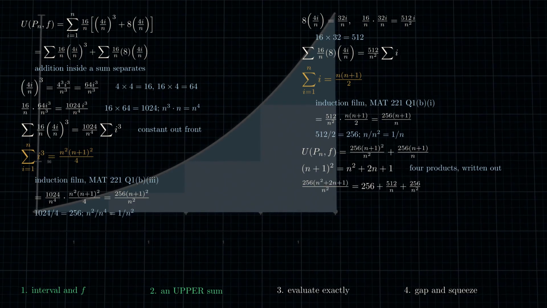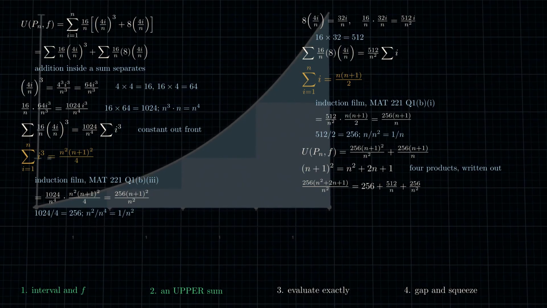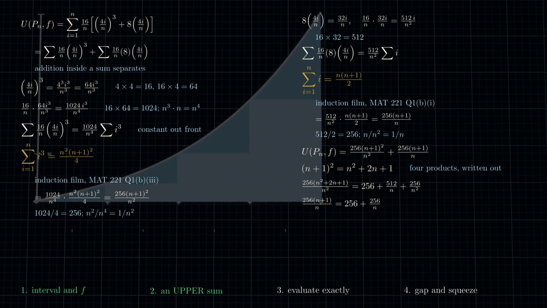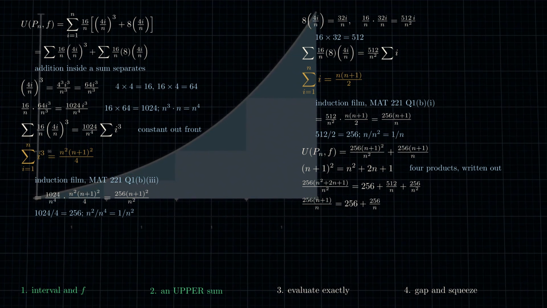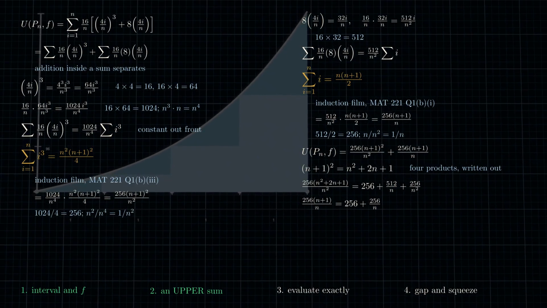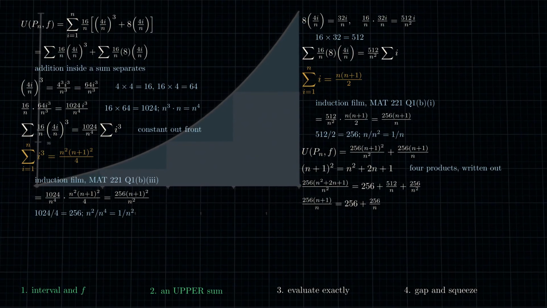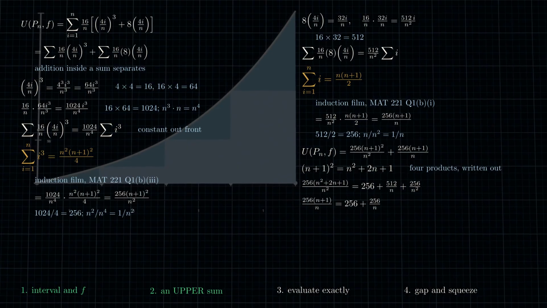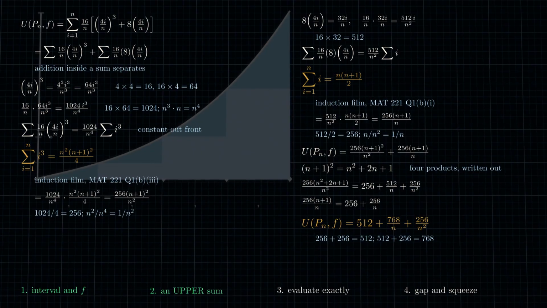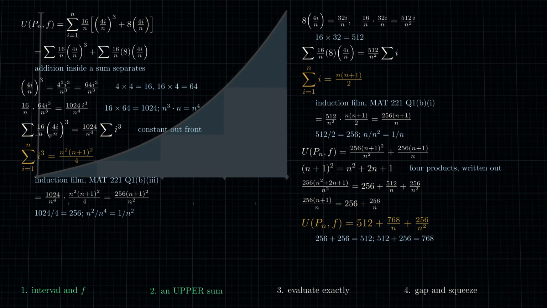The first piece becomes 256 plus 512 over n plus 256 over n squared. The second, 256 plus 256 over n. Add. The constants give 512. The terms over n give 768 over n, and 256 over n squared is left. So the upper sum is 512 plus 768 over n plus 256 over n squared.